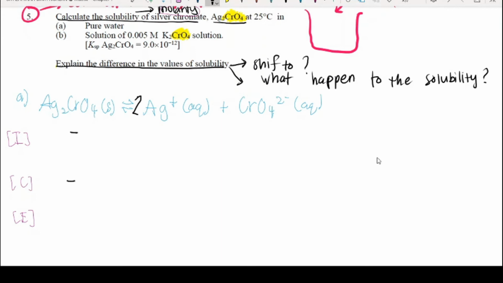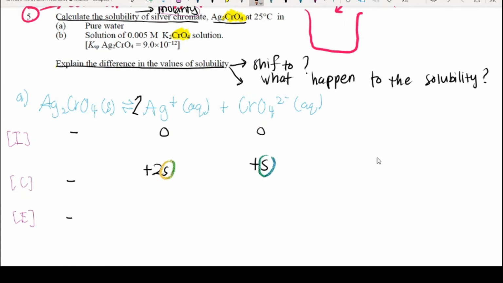So we know that solid will not be calculated. So your Ag+ would have an initial of 0 because both are products, and the change, this one should be plus 2s, and this one would be plus 1s, or you can just write it as s.